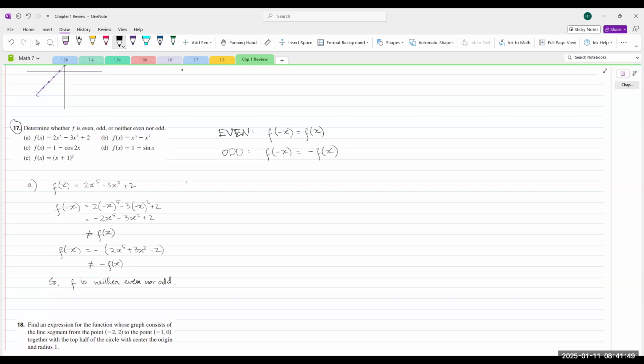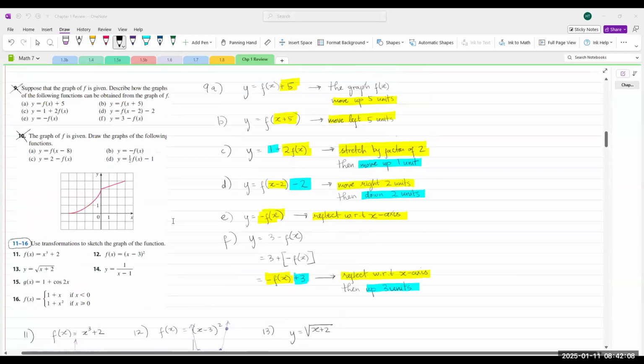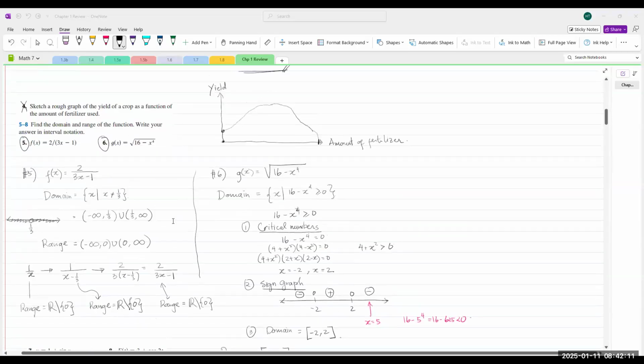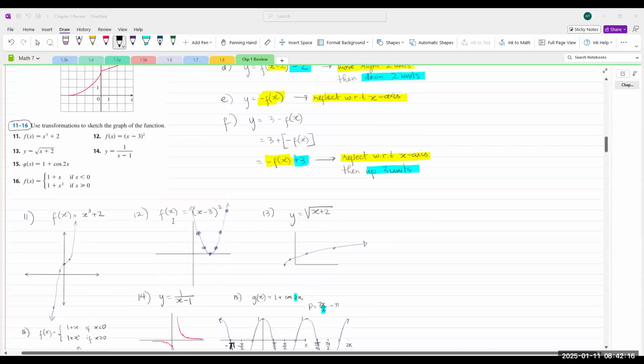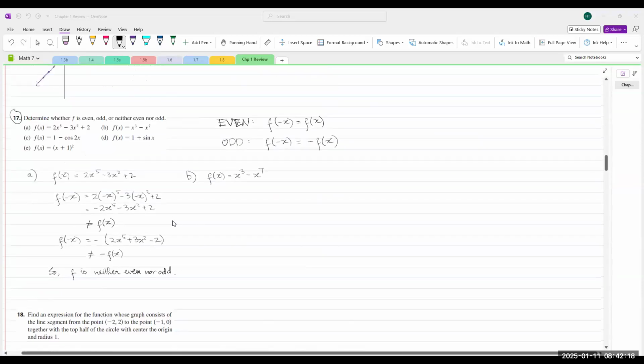Okay, part B, is f(x) equals x cubed minus x to the 7 even or odd? Yes, I circle it, so yes. The one I circle means yes, the one I cross out means no. Do you notice that? Yeah, this is the type of question I usually ask even in my pre-calculus class.